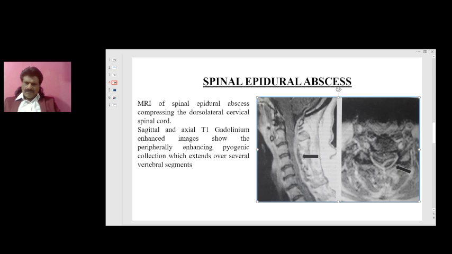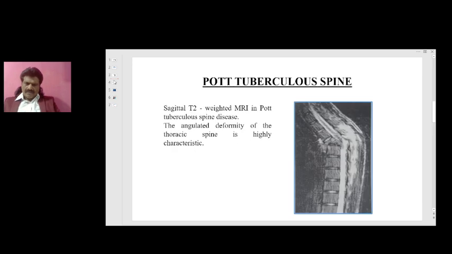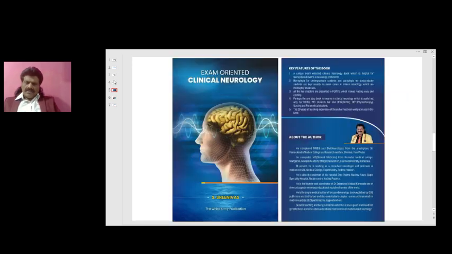Very classic is the spinal epidural abscess. So these are the important concepts of infectious disease of the spinal cord.